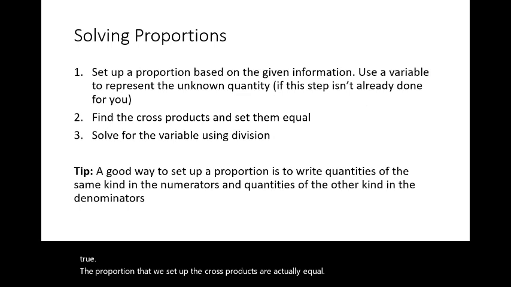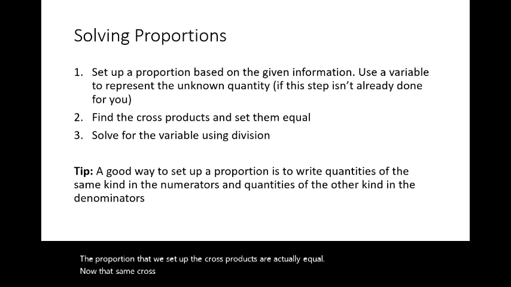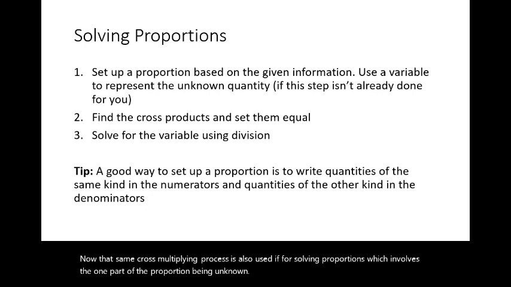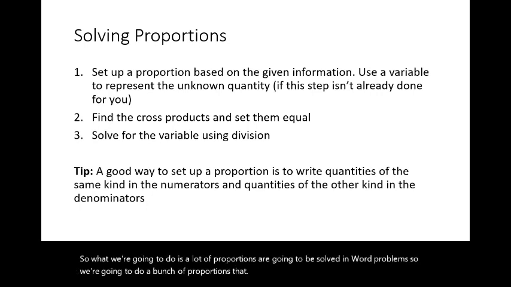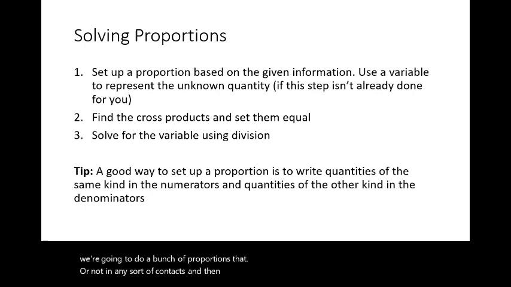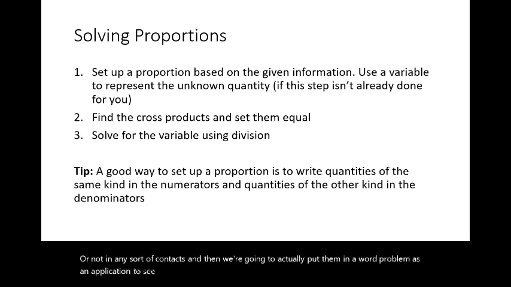Now that same cross-multiplying process is also used for solving proportions, which involves one part of the proportion being unknown. A lot of proportions are going to be solved in word problems, so we're going to do a bunch of proportions that are not in any sort of context, and then we're going to put them in a word problem as an application to see how this would apply to the real world.